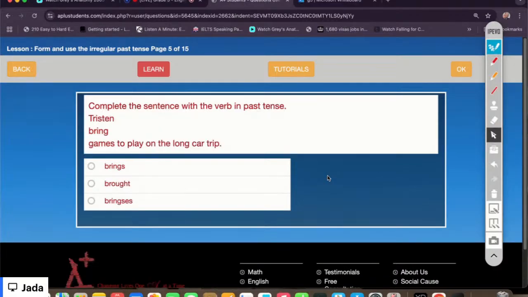Tristan bring games to play on the long car trip. Brings, brought, bring it. Which of them?